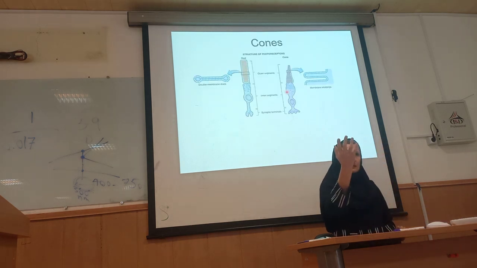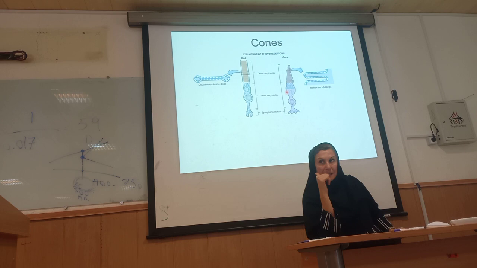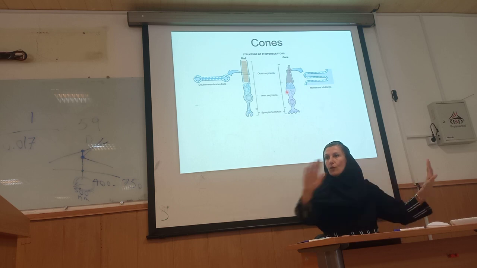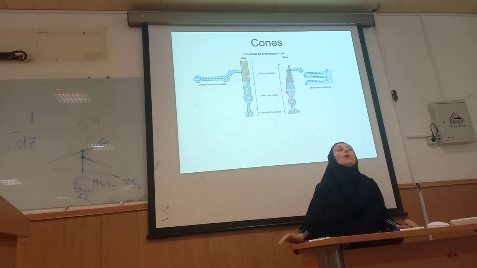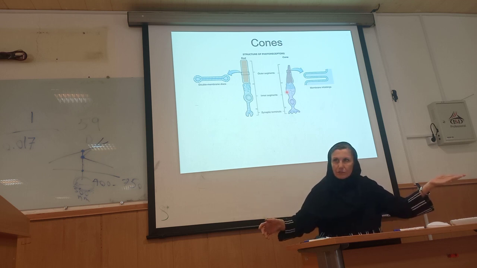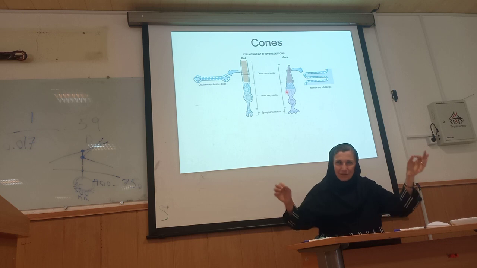But what about cones? What was explained in the last exercise happens exactly the same for cones. But what is the difference between them? You can see the structure of them is a little different.